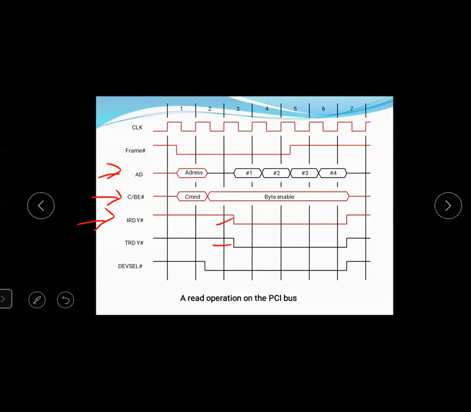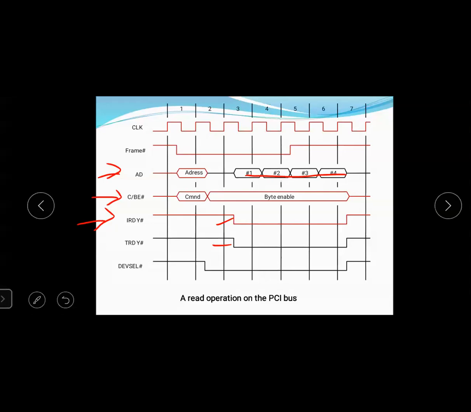In a read operation, the target places the data on the data line, 1, 2, 3, 4 bytes. Byte enable means the 32 bits are divided into 4 bytes, and it receives the 4 bytes from the data line.